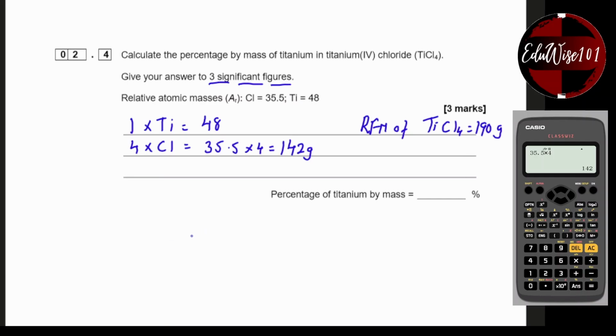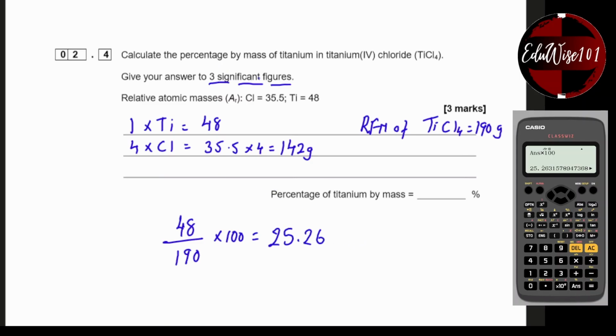So to find the percentage, you would divide the mass of titanium, which is 48, by 190, and multiply that by 100 to give you the percentage. That's 25.26.